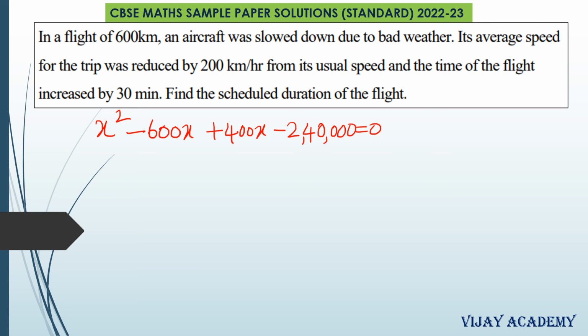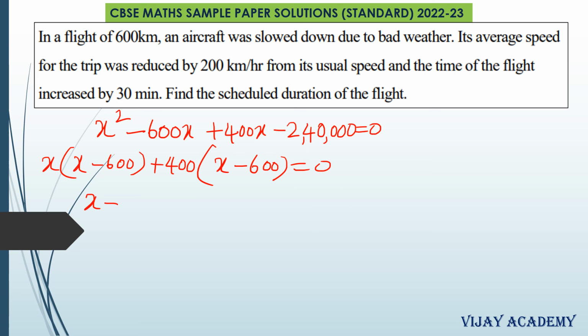Let us apply the grouping method. We get x into x minus 600, and from the second group we take 400 as the common factor: 400 times x minus 600. So the final factorization is x minus 600 into x plus 400, which is equal to 0.